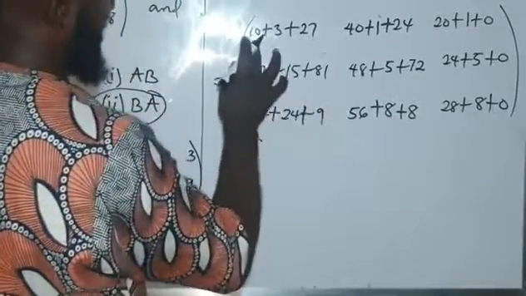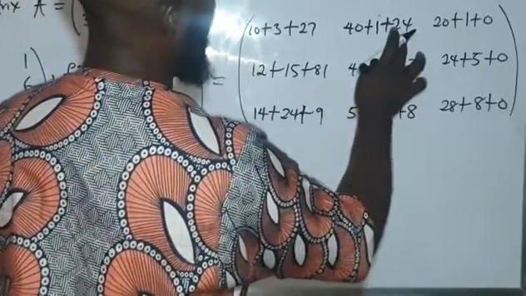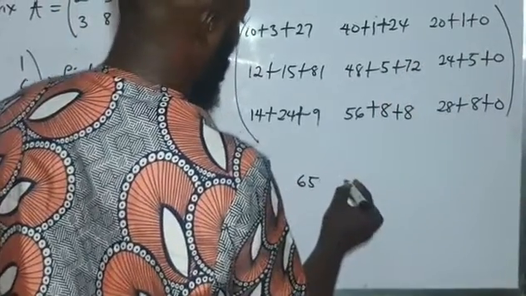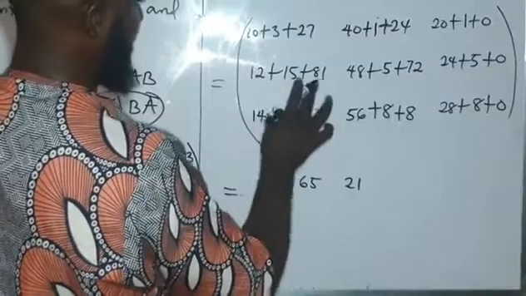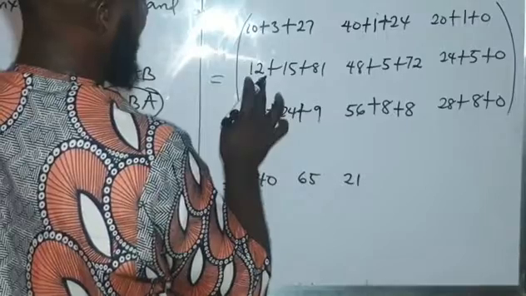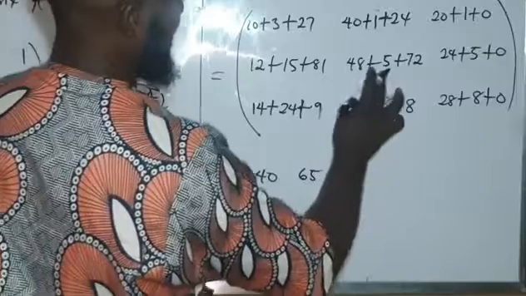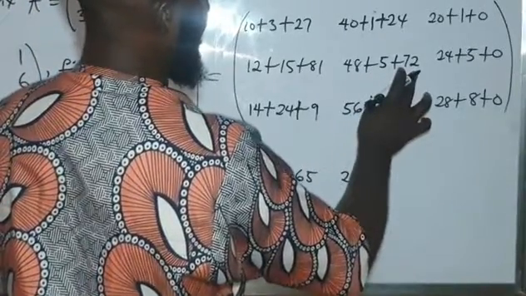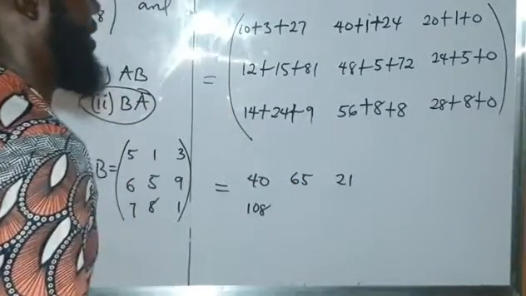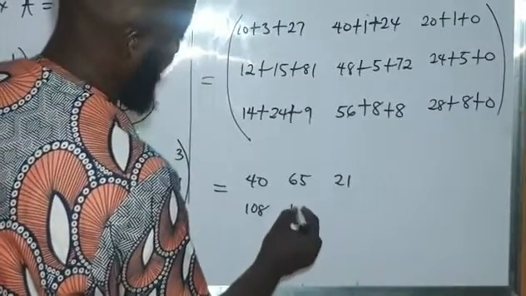So this is 40, this is 65, this is 21. This one, 96, 108. This is 77 plus 85, 85 plus 40, that is 125.